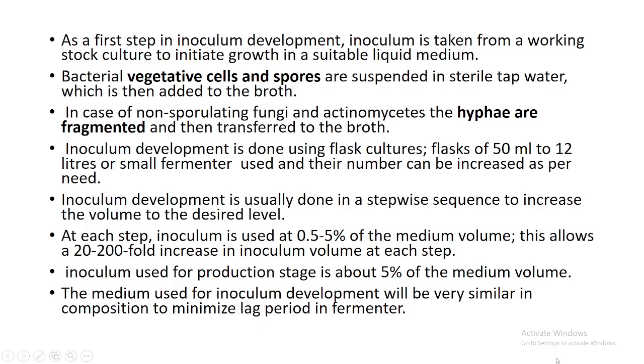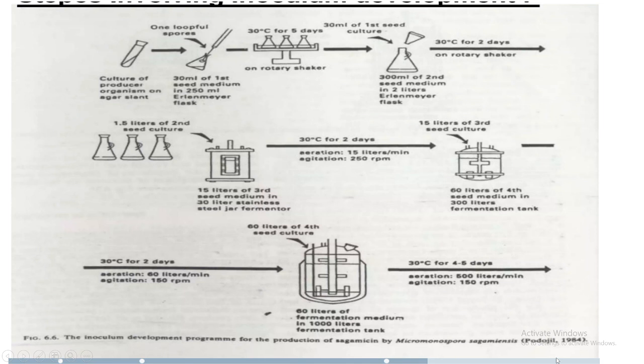So this similarity will prevent a lag phase when you're adding your inoculum into the medium. If you're growing the culture in one particular broth and the fermenter has a different environment, a different culture setup, the organism will take time to adjust in the fermenter. So to overcome this, the inoculum development medium and the fermentation medium will be very similar.